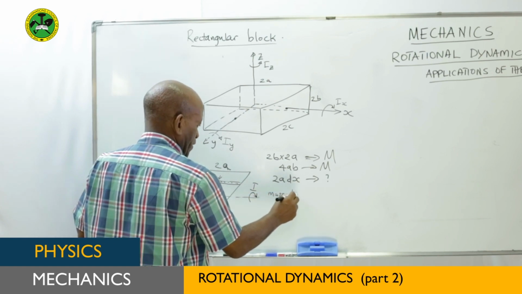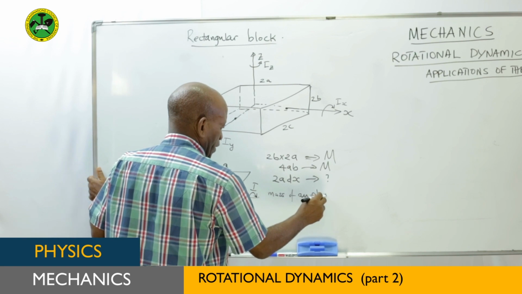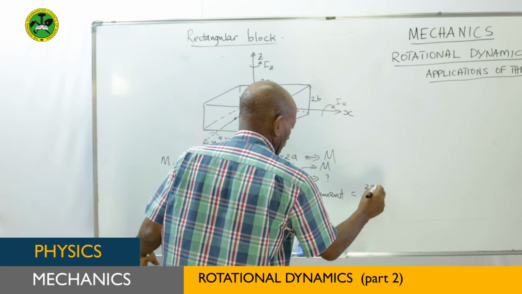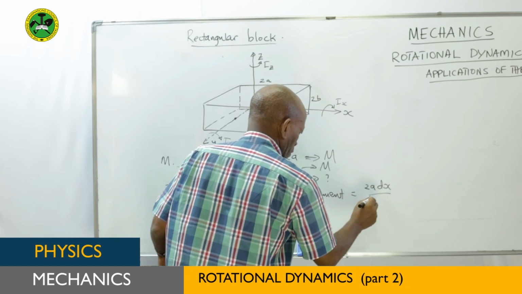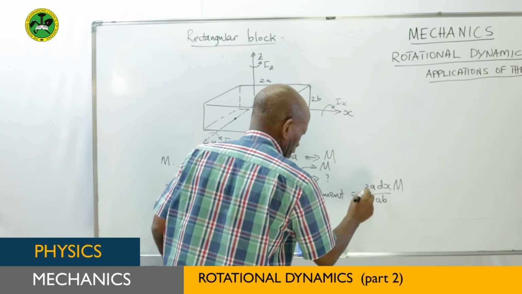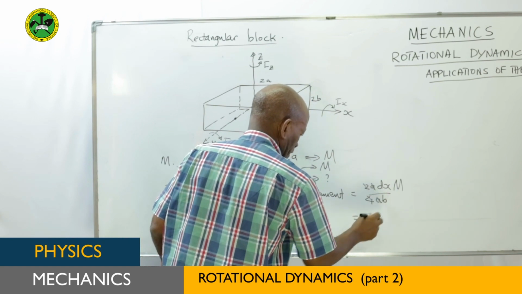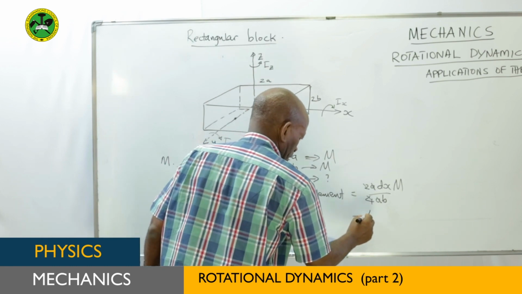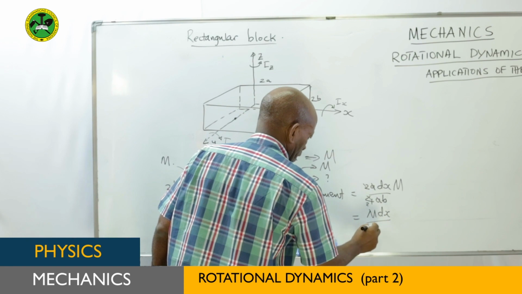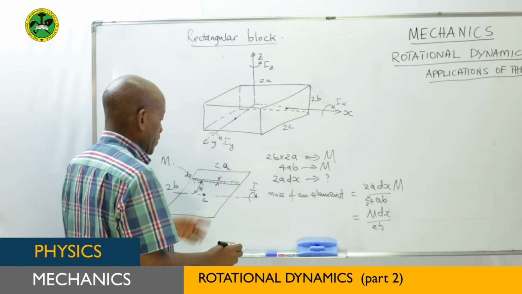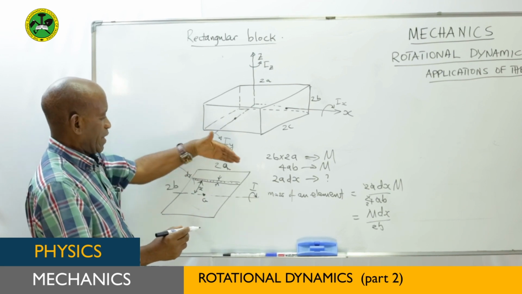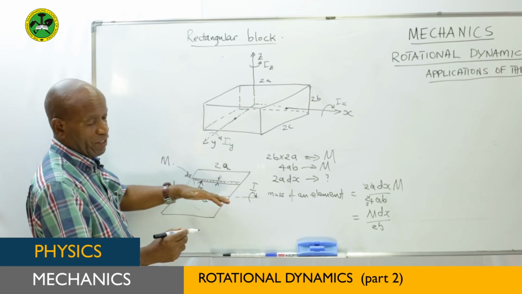So the mass of that particular element will be equal to 2a dx over 4ab times m. If you write it in a good way, the a and a will cancel, and you will have m dx over 2b. So this will be the mass of that particular element. And we have several of these elements from that end to where the axis is passing.